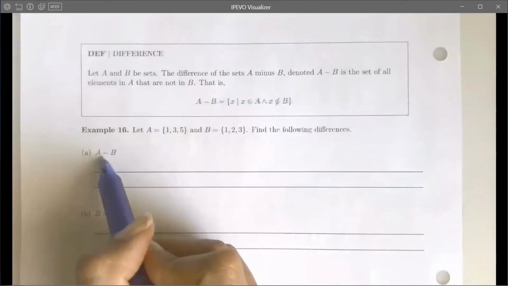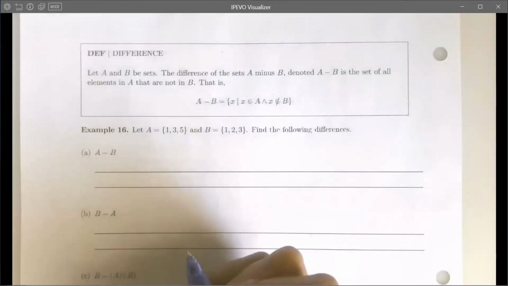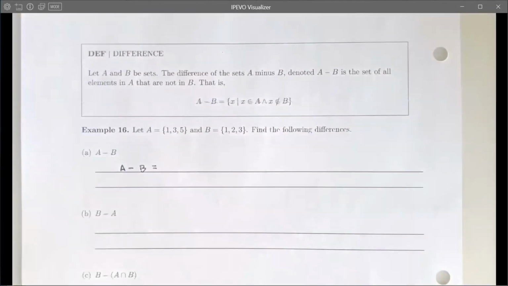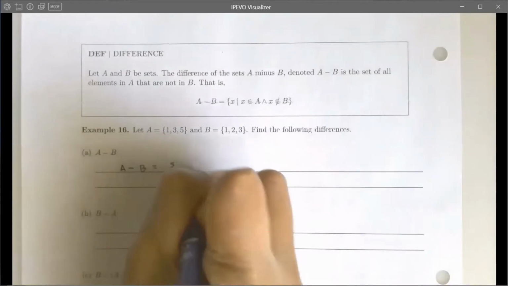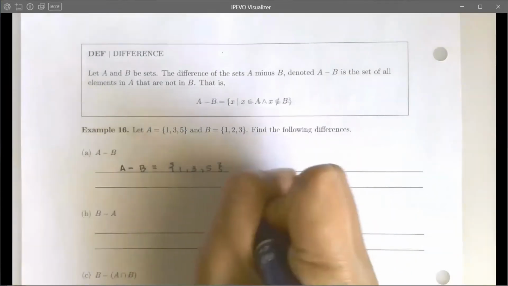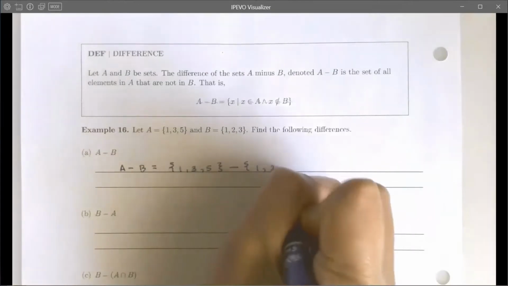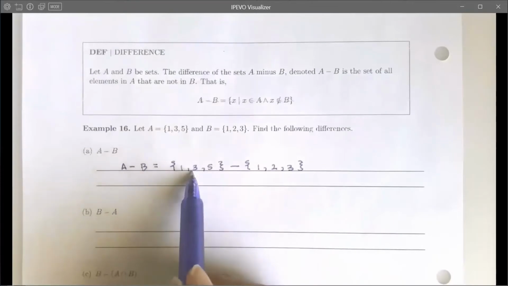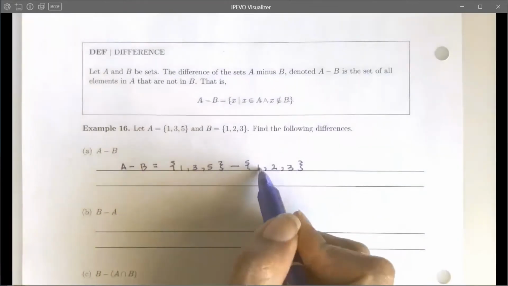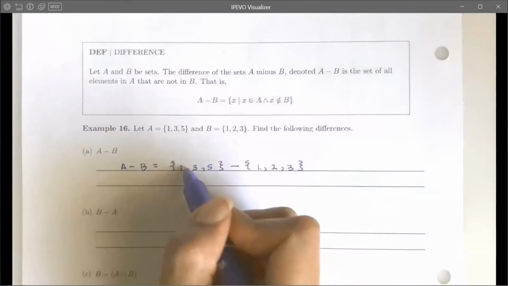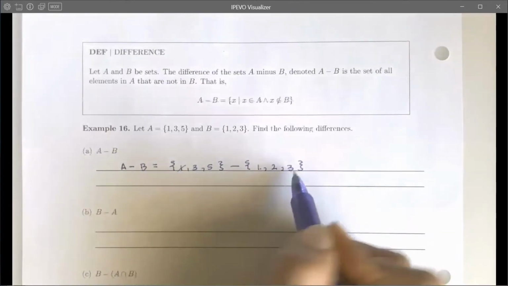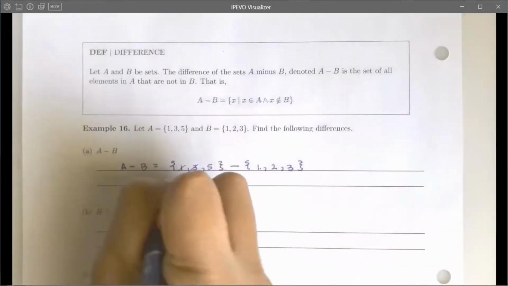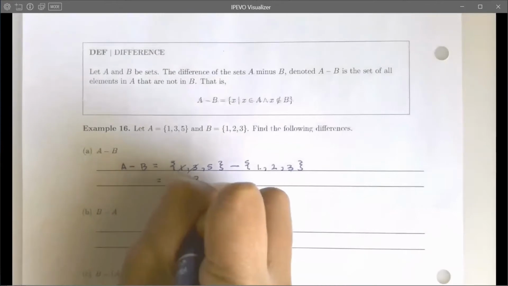And we're trying to perform the operation A minus B. So A minus B will take the elements in A, so 1, 3, 5, and eliminate any elements that are found in the second set from A. For instance, because 1 is found in B, we eliminate it from A. And then because 3 is found in B, we eliminate it from A. And so at the end, the only element that survives is the element 5.